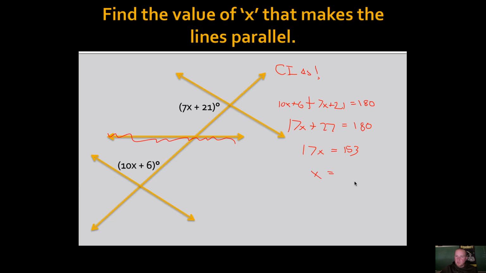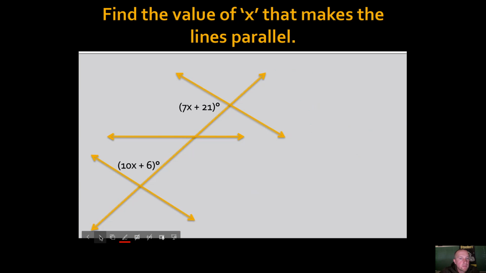I'm going to need some help with that one. What's 153 divided by 17? It'll be 9. If X is 9, then these lines will be parallel. If it's anything different, then they won't be.